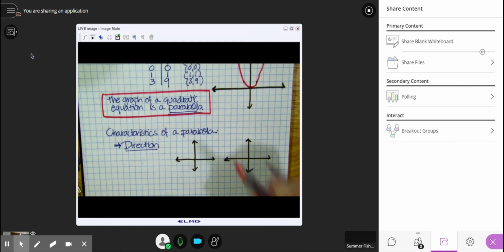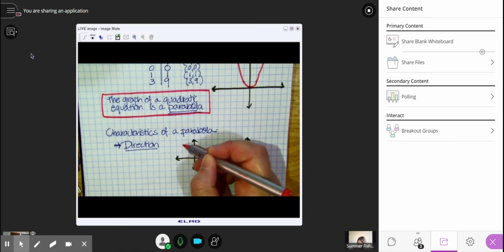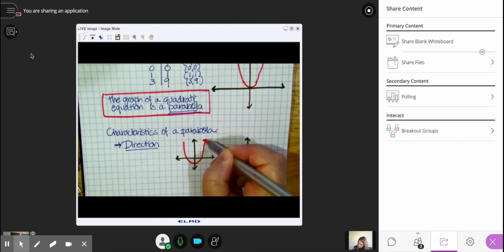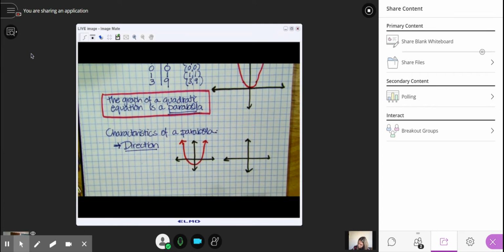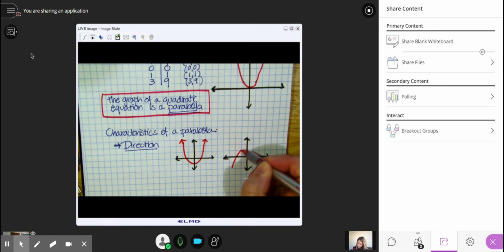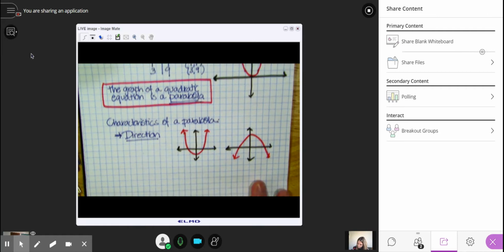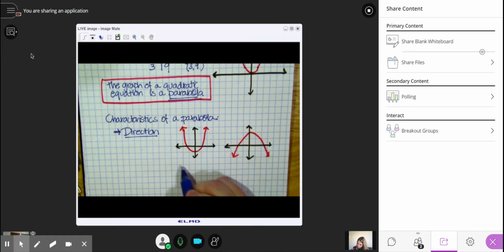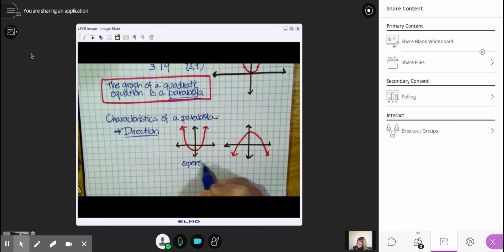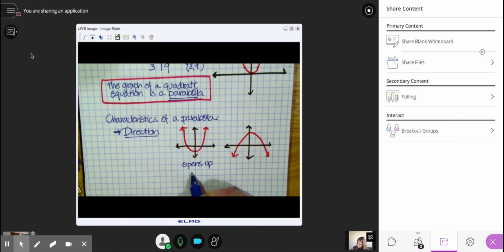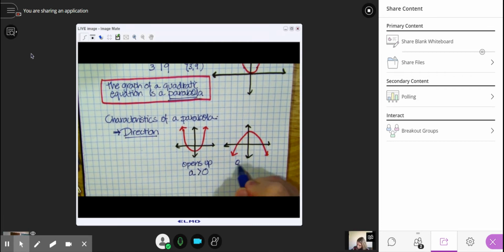Some parabolas, like the one we just saw, open up. Some parabolas open down. If a parabola opens up, this means that our leading A was greater than 0. And if our parabola opens down, this means that our leading A was less than 0.